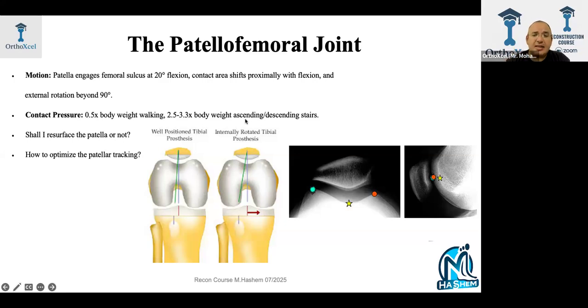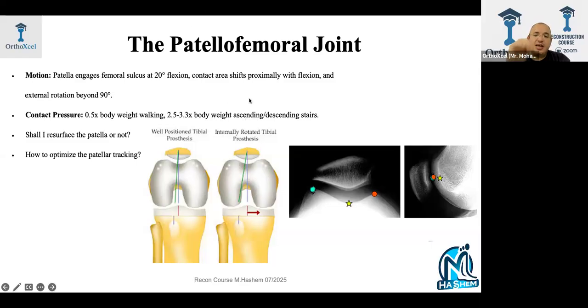If it's not replicated, the knee will not be that stable, and the other option is to have a cam box. We'll come to this in a minute, but in general, the screw home mechanism has to be maintained. If the patient loses it, the knee will be less stable in full extension, which is not allowed, because the patient will complain of functional instability.